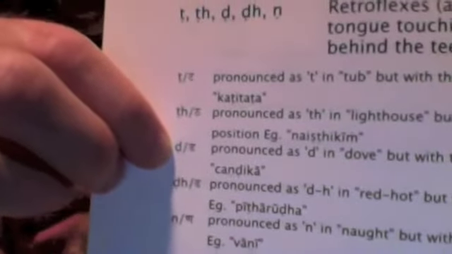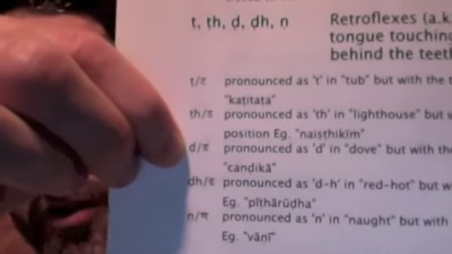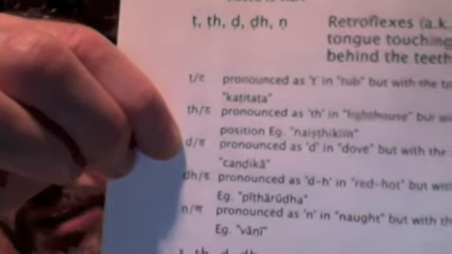Okay. The next one is like the English letter duh, except that the tongue is curled back, tip of the tongue is touching the roof of the mouth, and it's pronounced duh. I'll show you my mouth when I do that. So it's a lot like tuh, except that there's a little more voice to it.